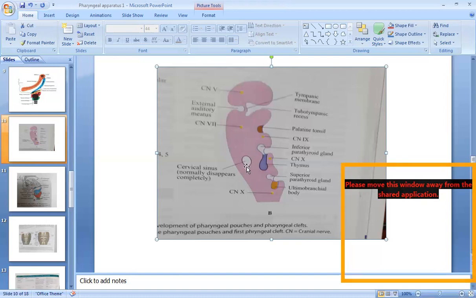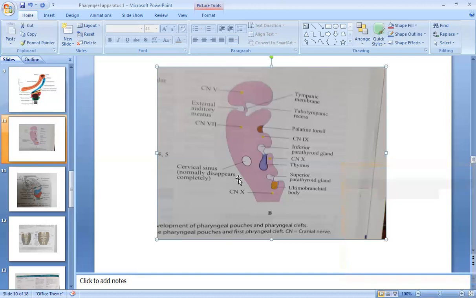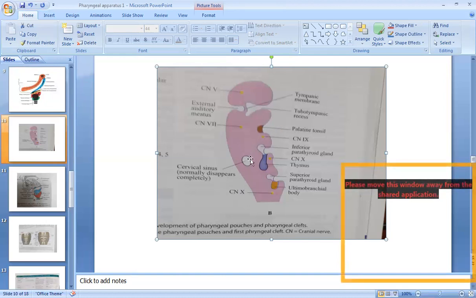Sometimes it is a non-communicating cervical cyst. Sometimes it communicates to the exterior and is called a cervical sinus. Very rarely it goes to the inner side and communicates internally with the oral cavity, and then this is called a fistula as well.